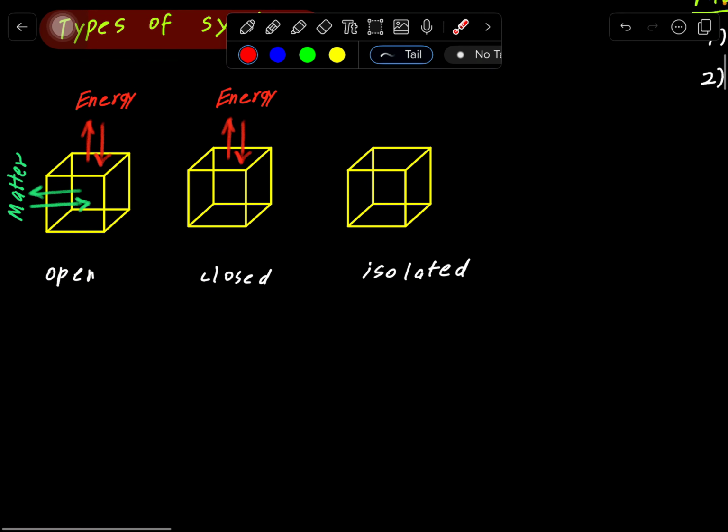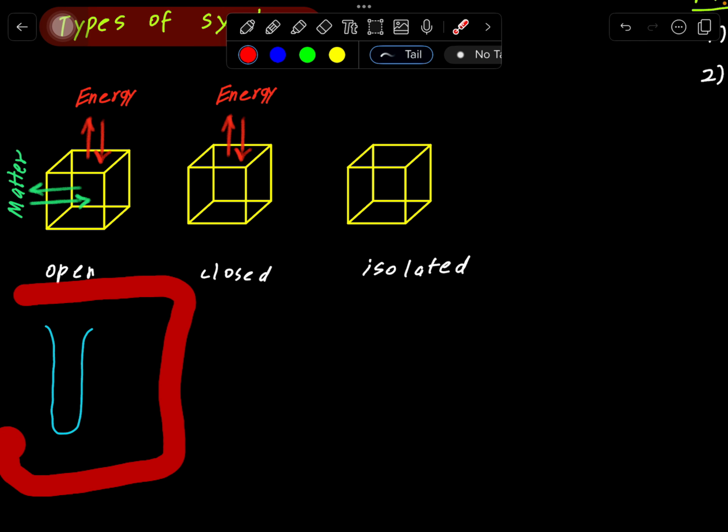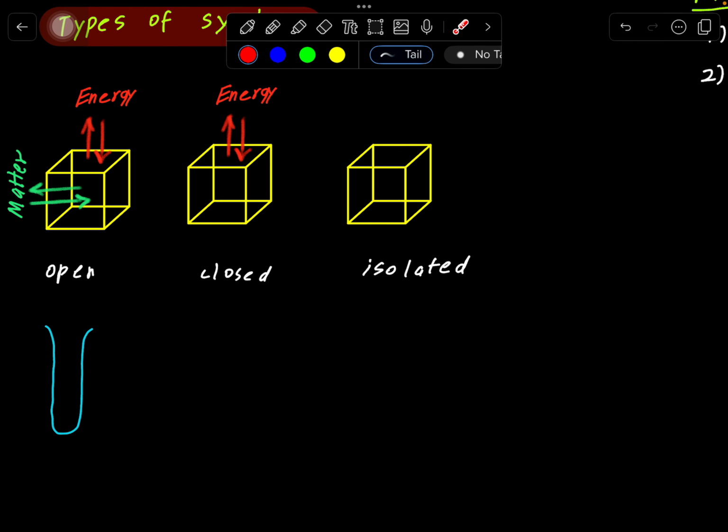Let's take real-life examples to understand these systems. If you're doing an experiment and the experiment involves a test tube, okay? If the test tube does not have a lid and this is the room in which you're observing your experiment, then this is an open system.